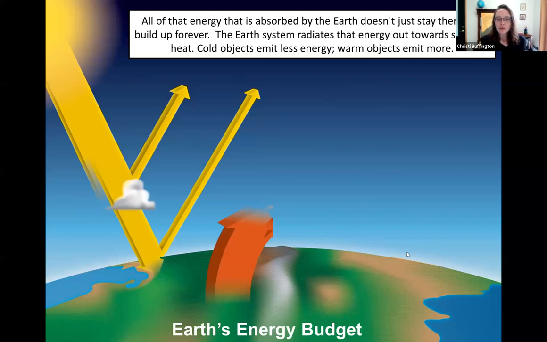It's important to know that cold objects emit less energy and warm objects emit more energy. And so that's a feedback. As the Earth heats up, it's already warm, so it's going to heat up more because it's going to emit more energy.